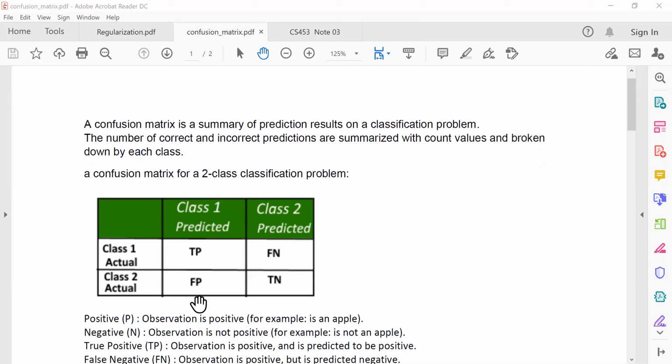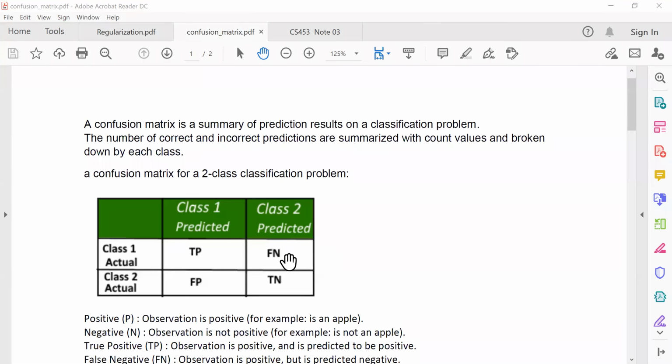You have class 1 and class 2 for the columns, and that's for the predicted. For the rows, you have the actual class 1 and the actual class 2. The cell where actual class 1 crosses predicted class 1, we call it true positive, TP.